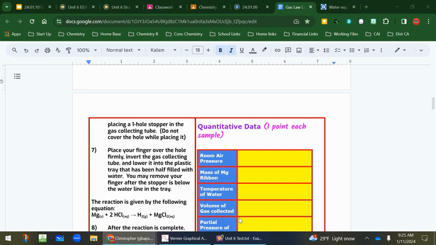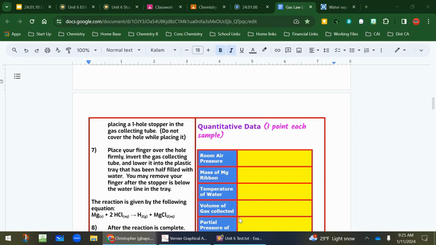No, the liquid, not the gas. We want to collect the gas. This will allow the liquid to escape. You're going to place your finger over the hole firmly. You are going to flip the gas collecting tube upside down, and lower it into a plastic tray that has been half filled with water, and then you are going to remove your finger after the stopper is below the water level in the tray.